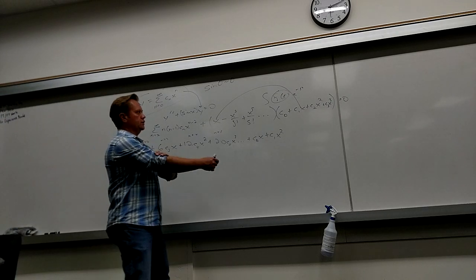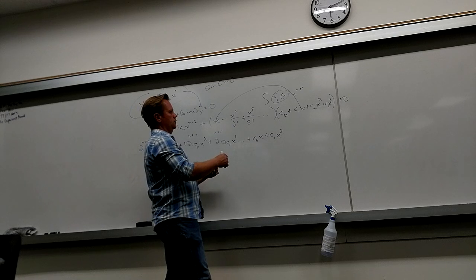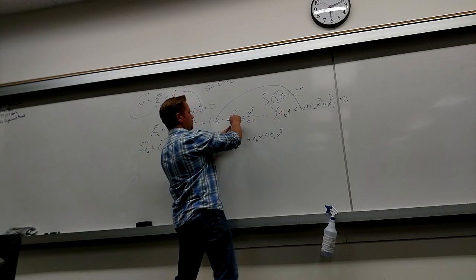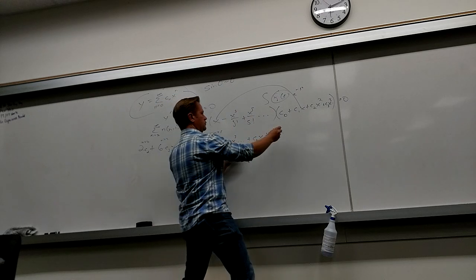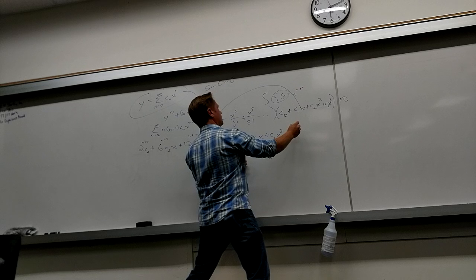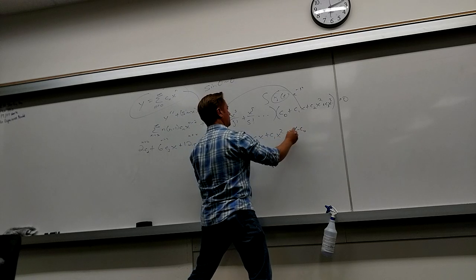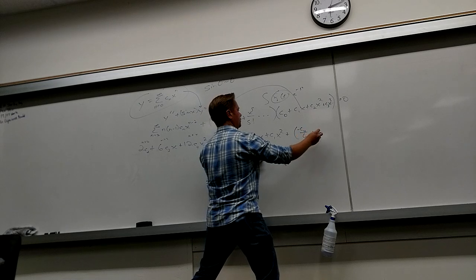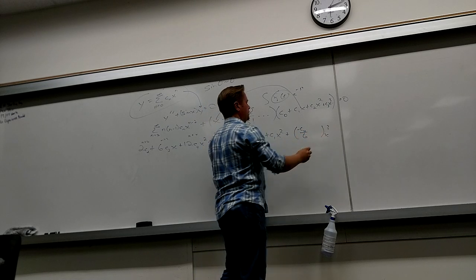What's one way to make x cubed? Basically 1 times c0 times negative x cubed over 3 factorial. So one way to do it is negative c0 over 3 factorial. What's the other way to do it?